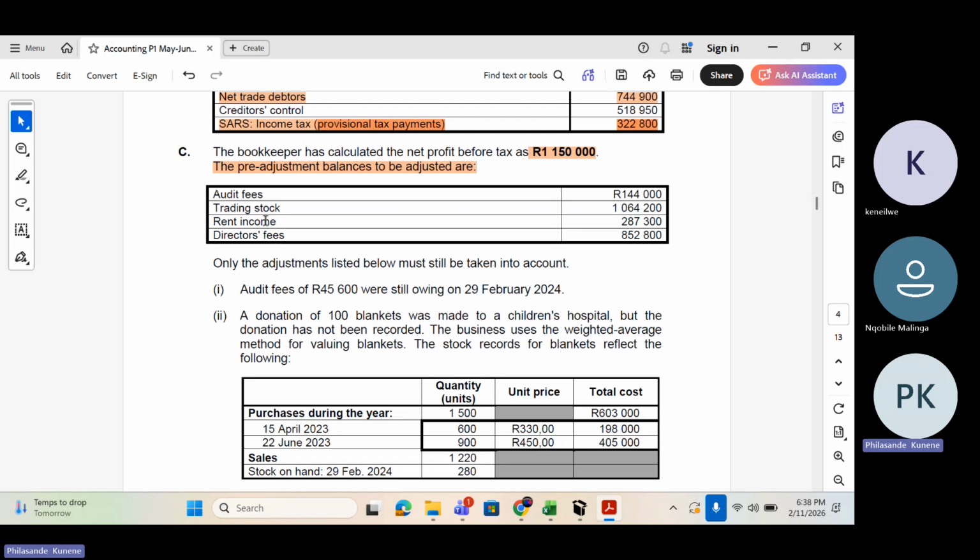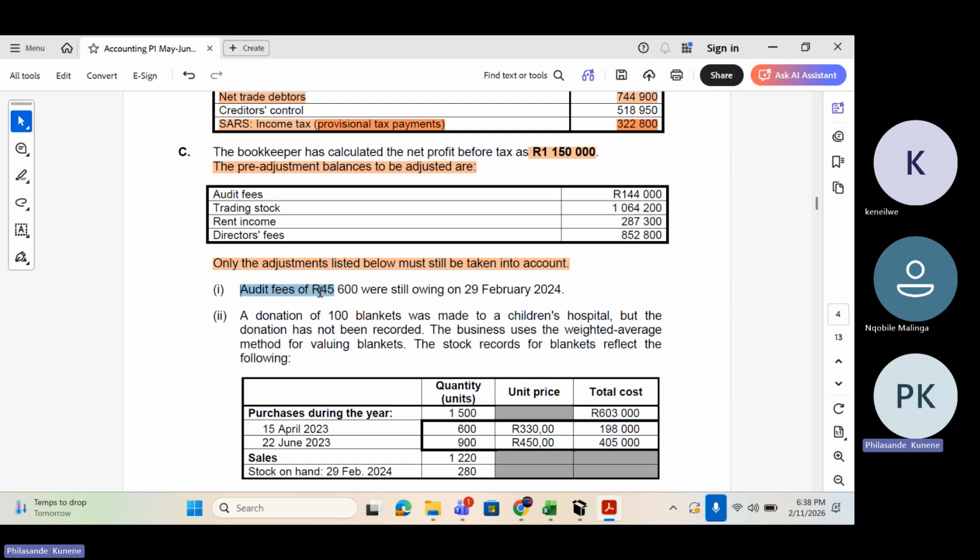We know about that. Trading stock has to be adjusted. Rent income has to be adjusted. Directors' fees have to be adjusted. But they're saying here only the adjustments listed below must still be taken into account. So I need to look at these adjustments and see whether I need to adjust them or not.